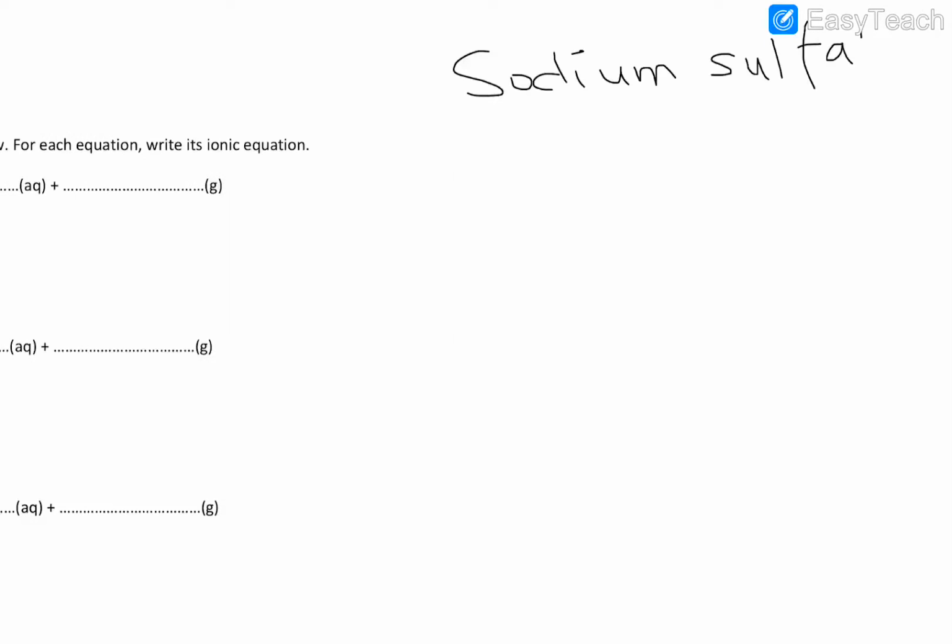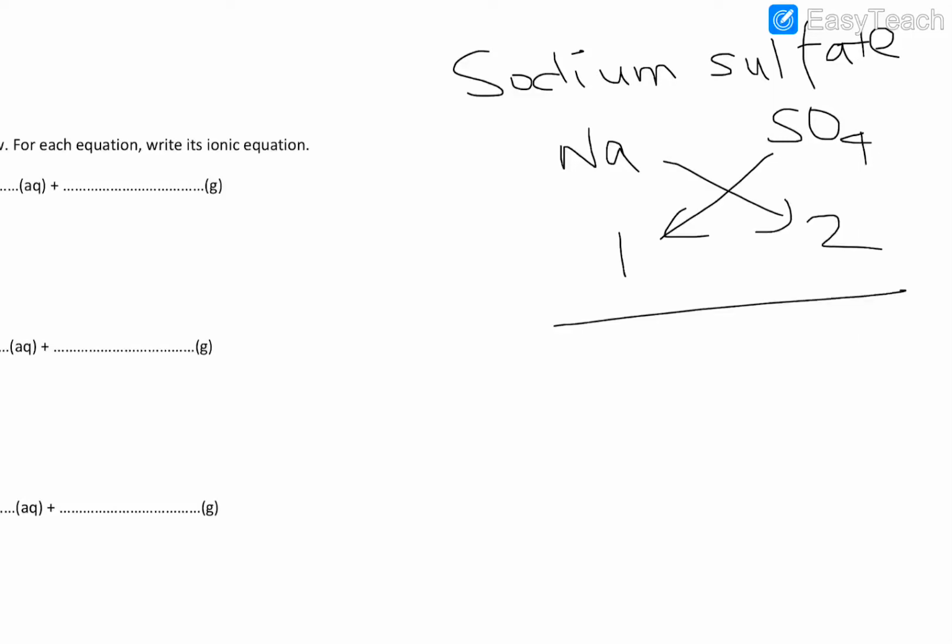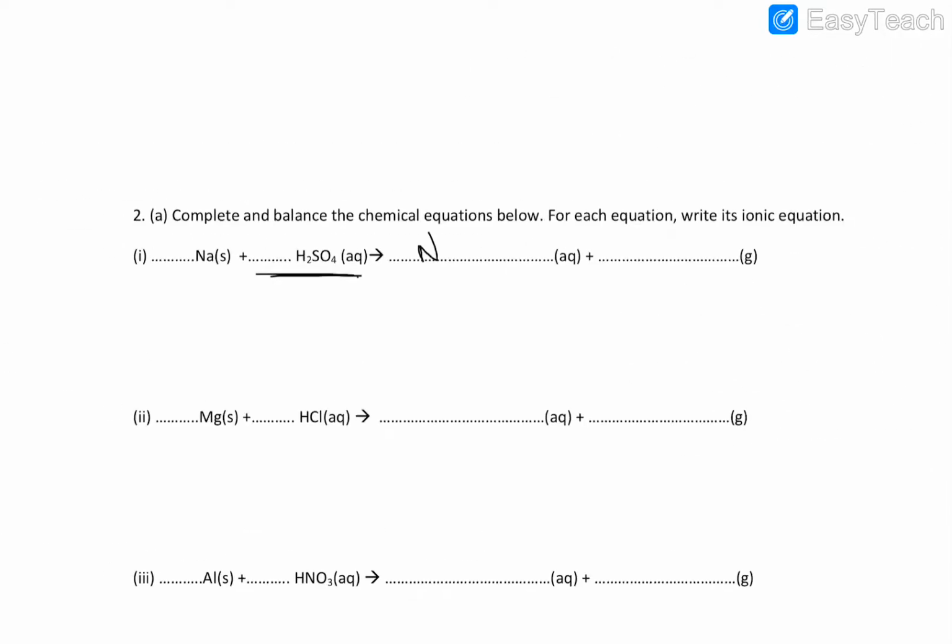Sodium has symbol Na, sulfate is SO4, sodium valency 1, sulfate valency 2, cross multiply, sodium sulfate is Na2SO4. And because it's metal plus acid, it's going to give you hydrogen gas. Hydrogen gas is H2. Remember, it is diatomic.